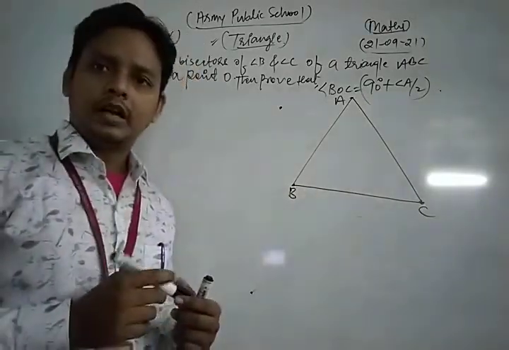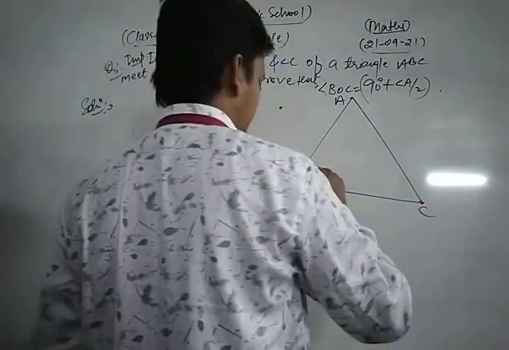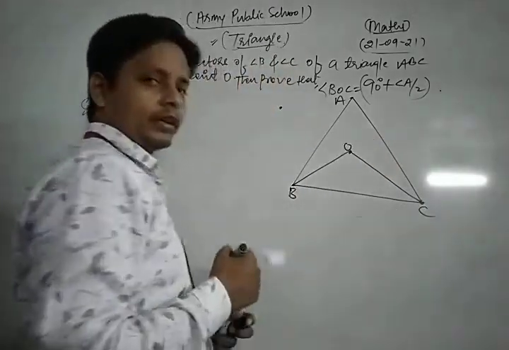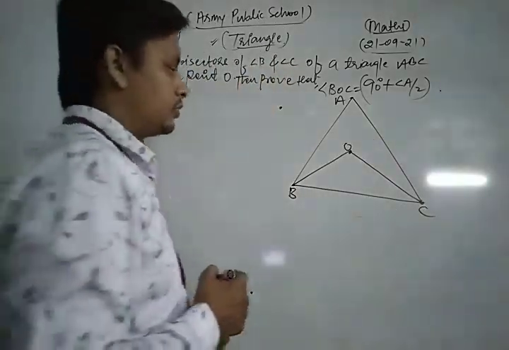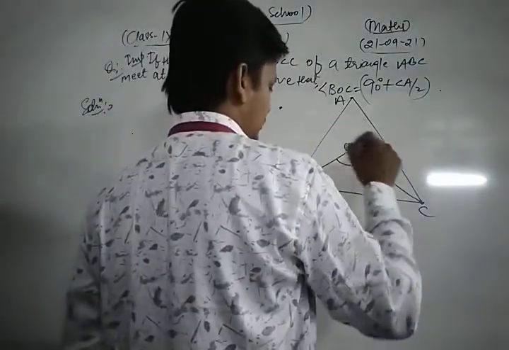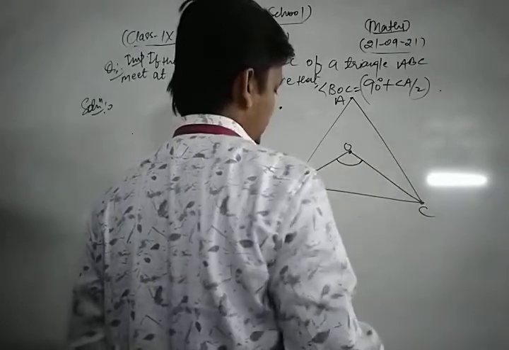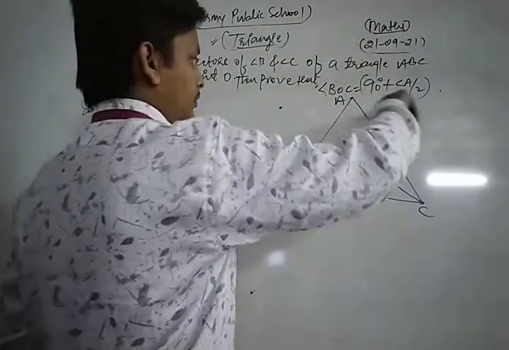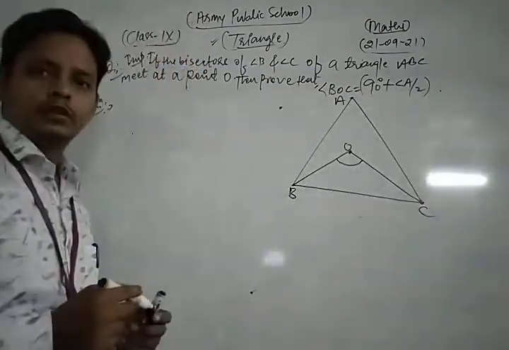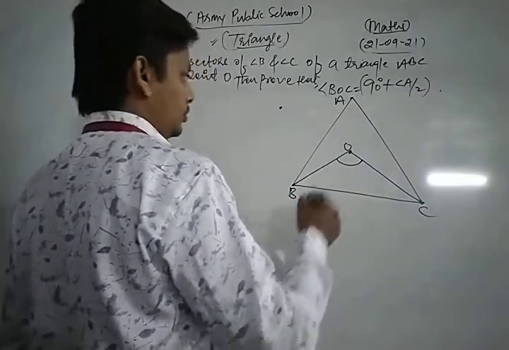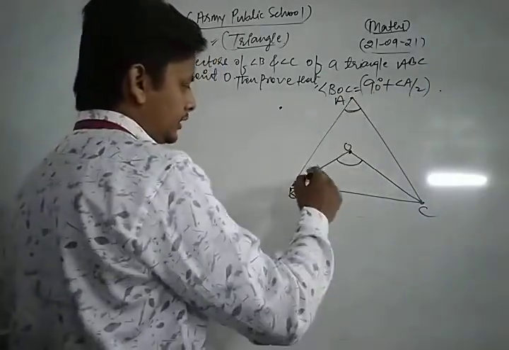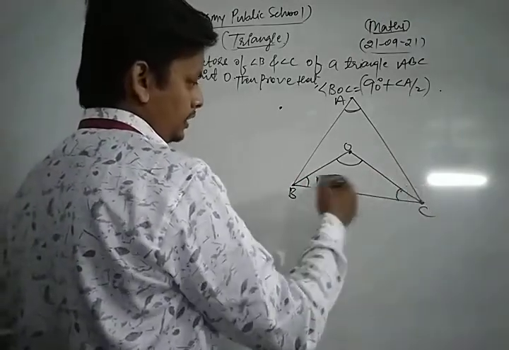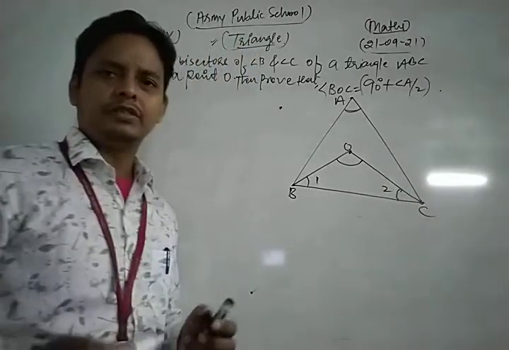And the bisectors of angle B and C meet at point O. Okay, this is the bisector of angle B and C, and we have to show that angle BOC is equal to 90 degrees plus half of angle A, that is, angle A by 2. Now look, this is angle A, and we take angle OBC as angle 1, and we take angle OCB as angle 2. Generally we take it as, okay.